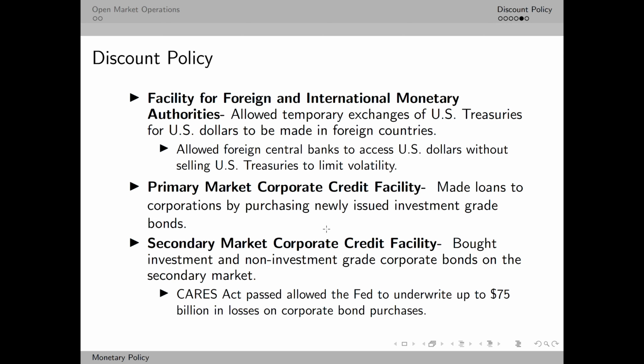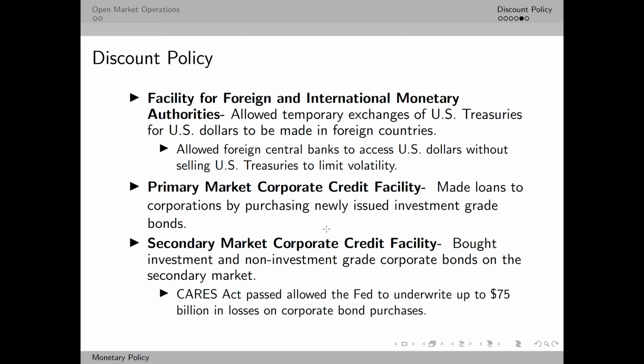It wasn't about trying to help these other governments out. It was about giving the Fed the control they wanted and needed over the T-bill market. Then they also made the primary market corporate credit facility, which were loans to corporations by purchasing exclusively newly issued investment grade bonds. So these were just direct loans to investment grade companies. Then in the secondary market corporate credit facility, they bought investment and later on non-investment grade bonds in the secondary market.